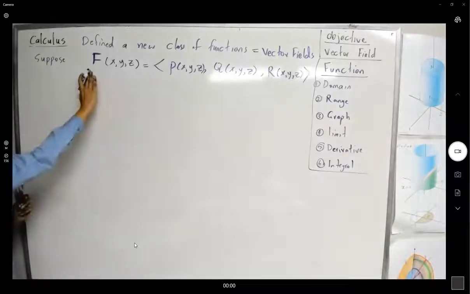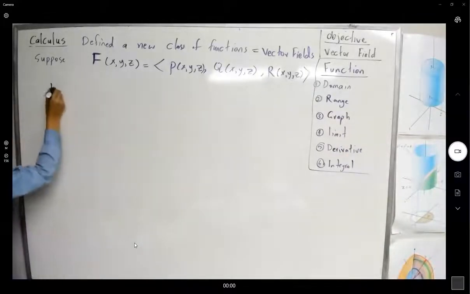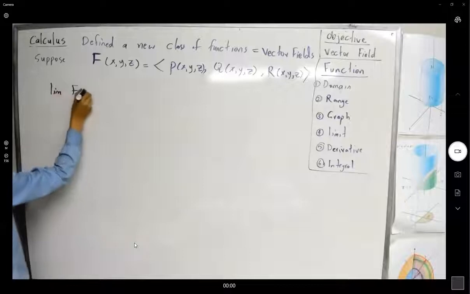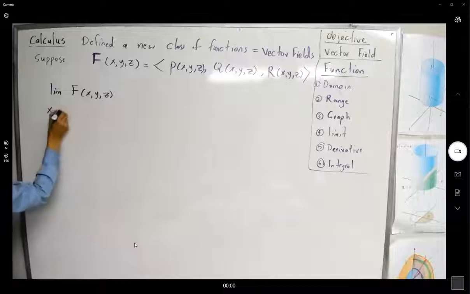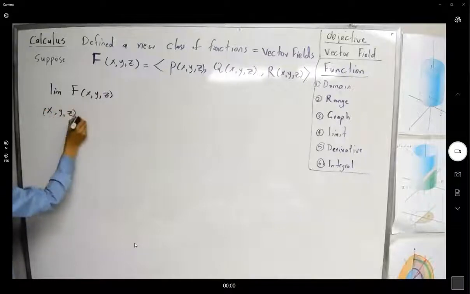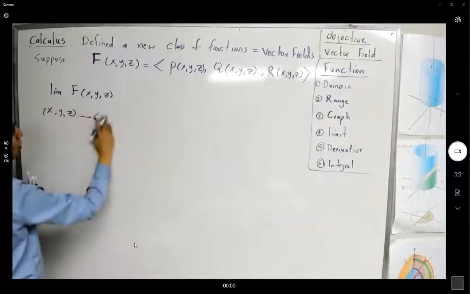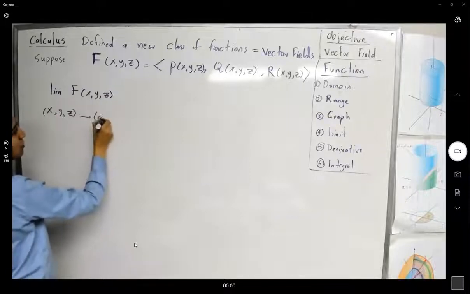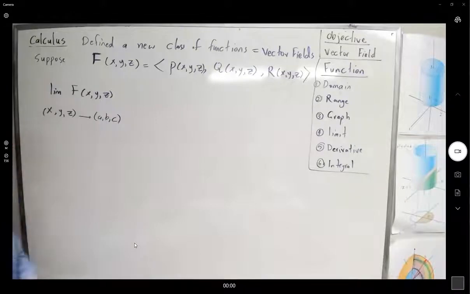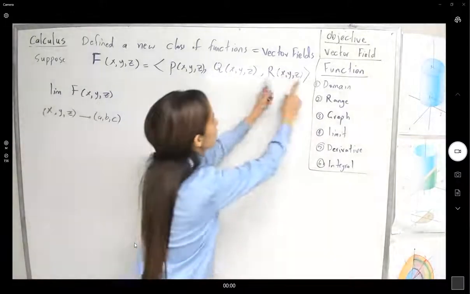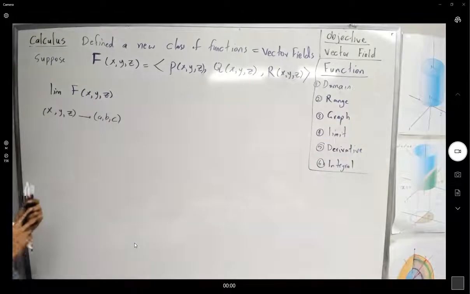To find the limit of this function at each point as x, y, and z approaches a, b, c, it's equivalent to finding the limit of each of these components.